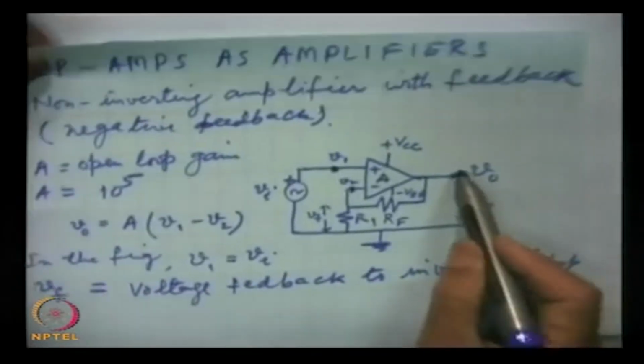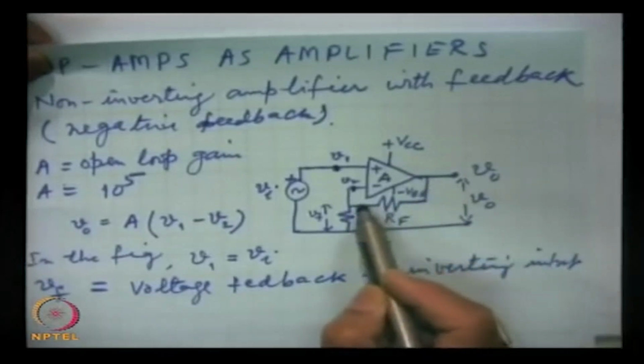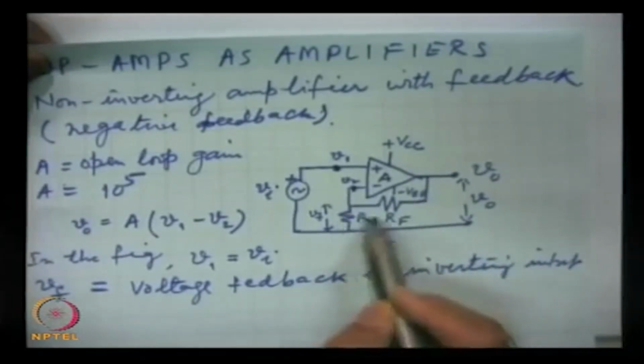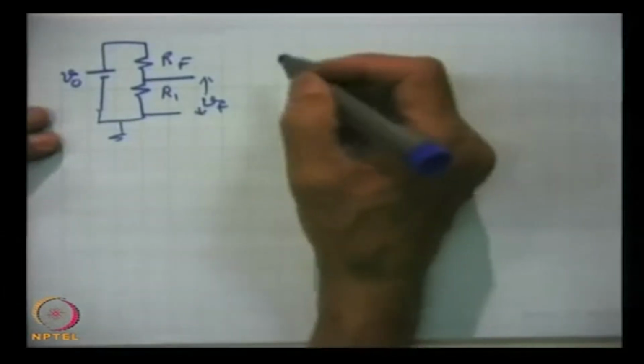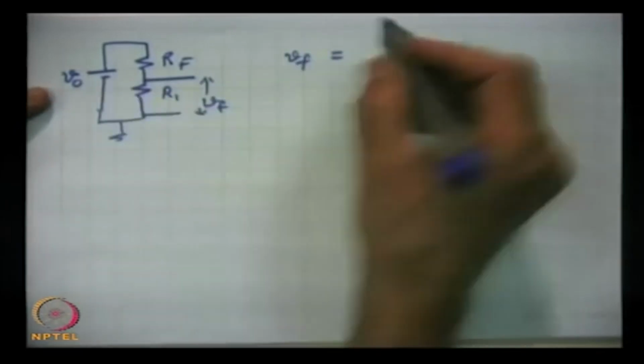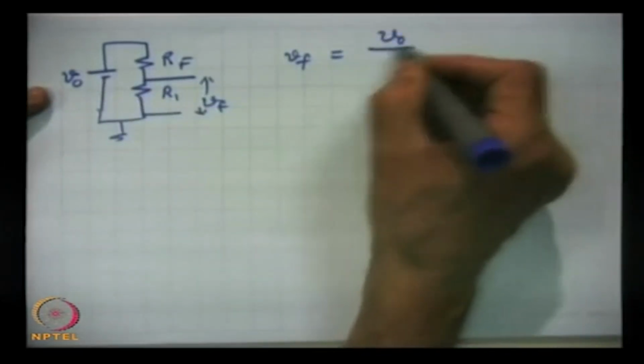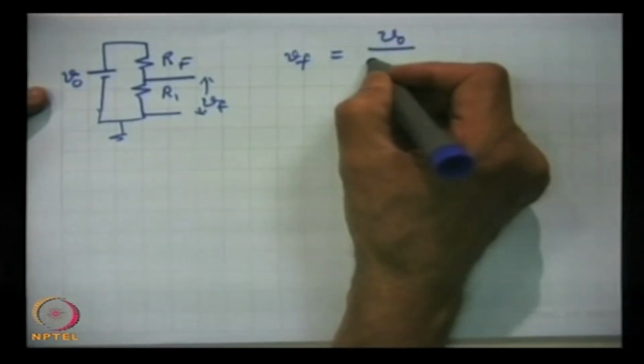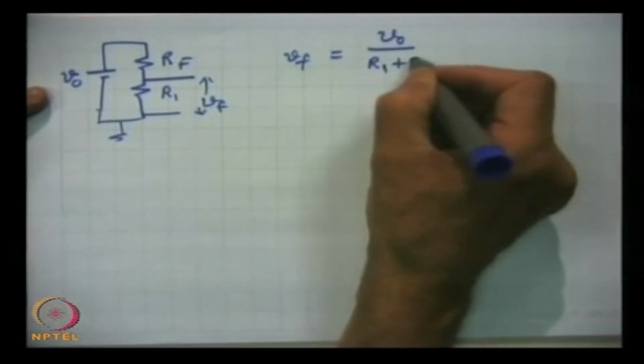See here, V0, and these two resistances are dividing this voltage. So, this is the network. How much will be Vf? The current will be V0 divided by R1 plus Rf.